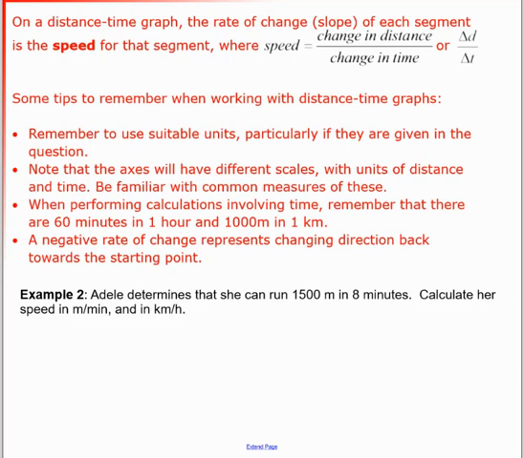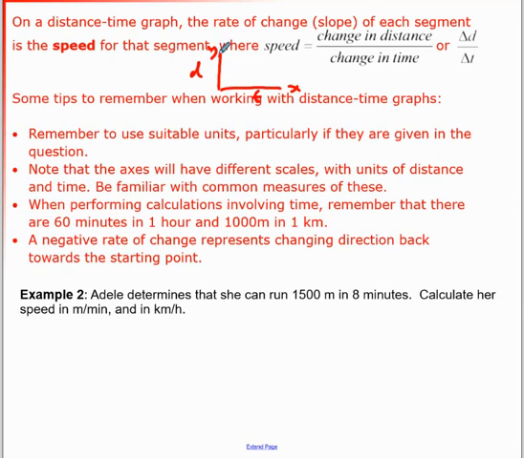On a distance time graph, like we did last lesson, the rate of change, or the slope in this case, we call it the slope of each segment, actually indicates the speed for that segment. So where the rise in the y, if you had a y-axis and an x-axis, this would be our distance. This would be our time.